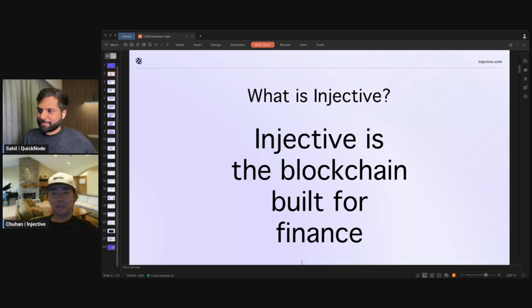The next few points are also very natural since we are the next generation of finance. We need to have decentralization. We need transparency. And the last very important part is that this blockchain needs to have resistance to manipulation, for example MEV.